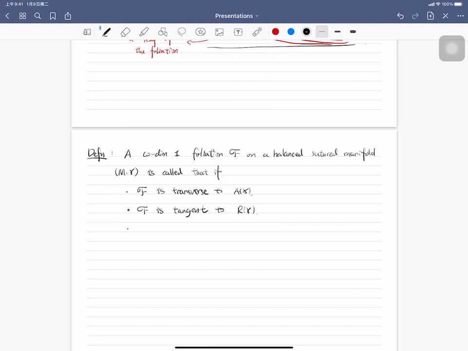And third, if we restrict our foliation to A of gamma, it has no Reeb component.